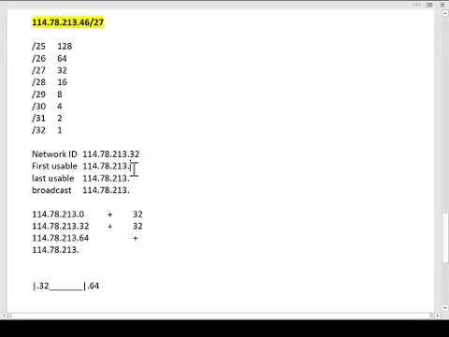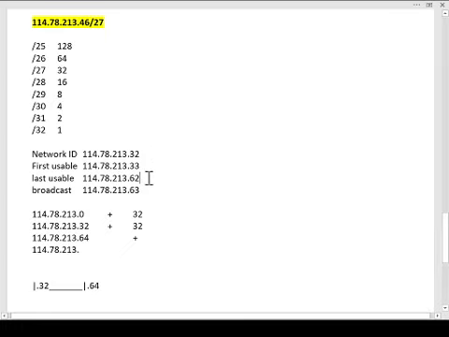First usable has to be one higher than the network ID, which is 33. The broadcast has to be one less than the next network ID, and an odd number, so it's 63. And the last usable has to be one less than the broadcast, which is 62. So network IDs are even, broadcast is odd.